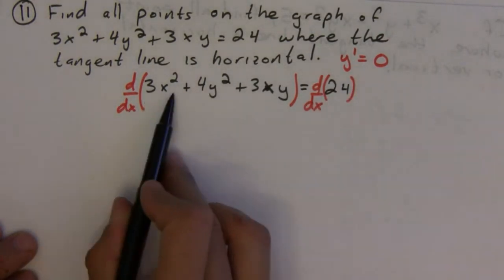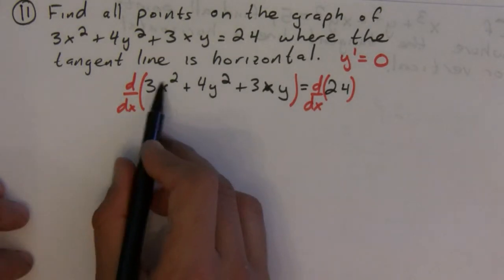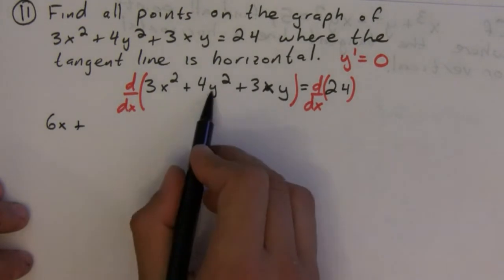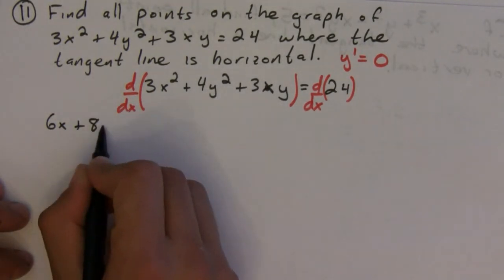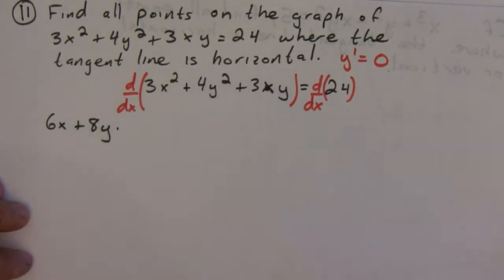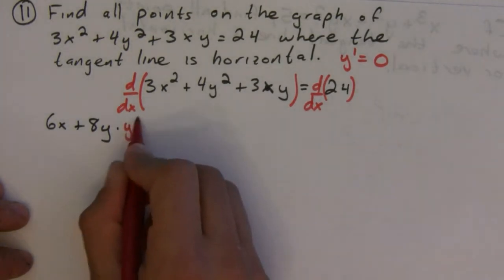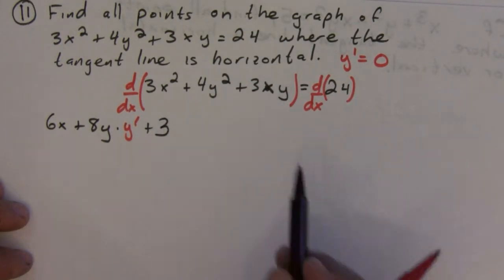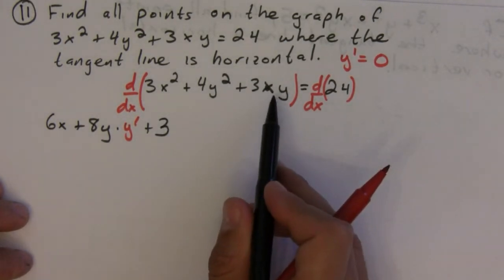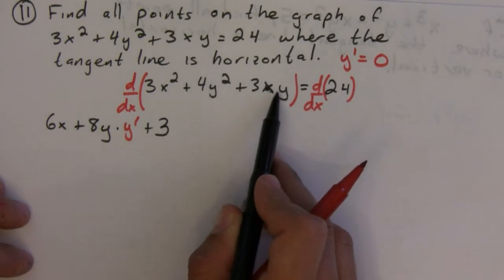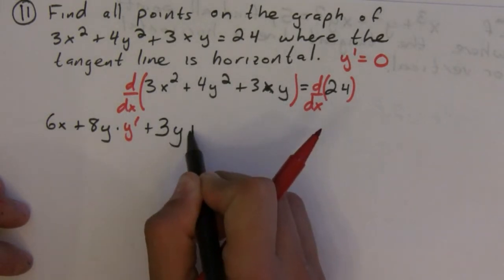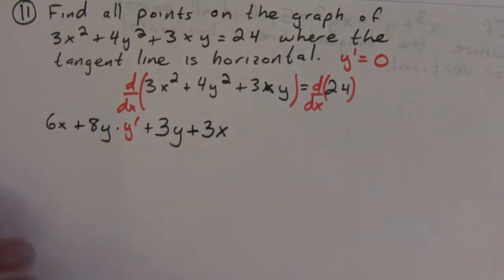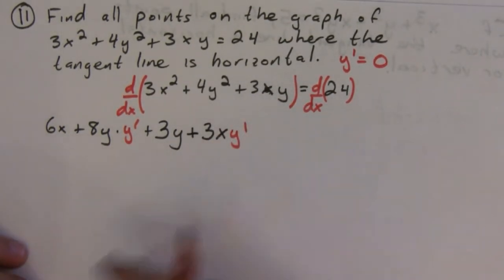Okay, and so the derivative of this is going to be 6x plus, here we have to use the chain rule, so this is going to be 8y times y prime, plus 3. Here we have to use the product rule, so it would be the derivative of the first, which is 1, times the second, plus the first, leaving it alone, times the derivative of the second, which is y prime.